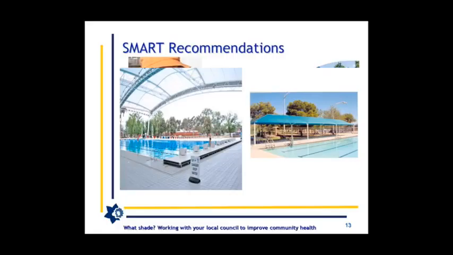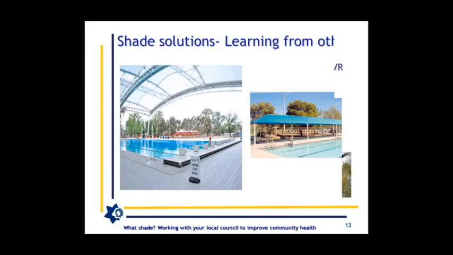And some examples of what's worked in other places, what we can look at, how we can learn, as John was showing before. It's really good to be able to learn from what other people around the country have already done. And as you can see, it's great seeing how other councils have addressed problems like this.